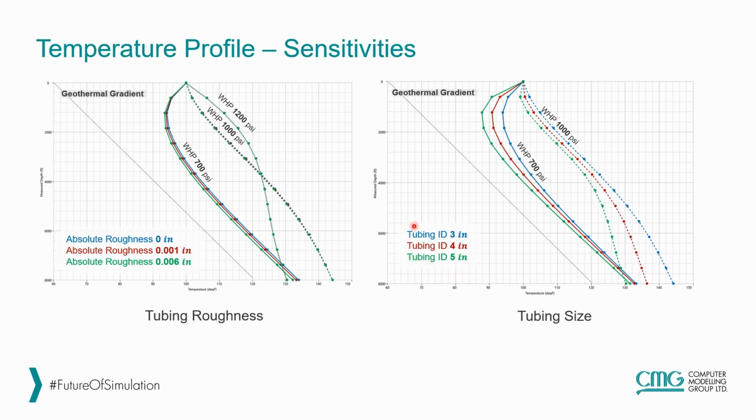Now let's look at the effect of the tubing size. At 700 psi injection pressure, the green curve is 5 inches, the red one is 4, and the blue one is 3. So we see that the bigger tubing size is pulled more toward the geothermal gradient.